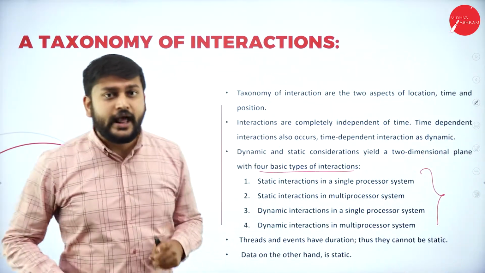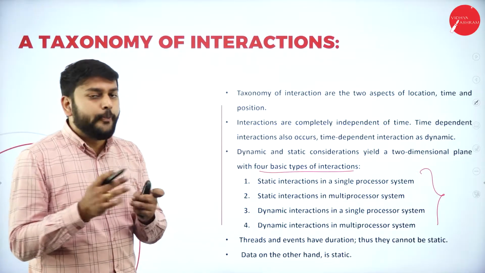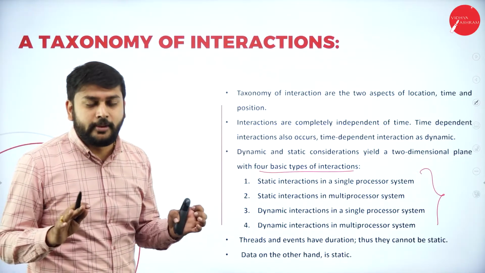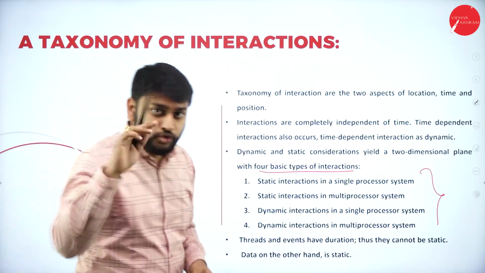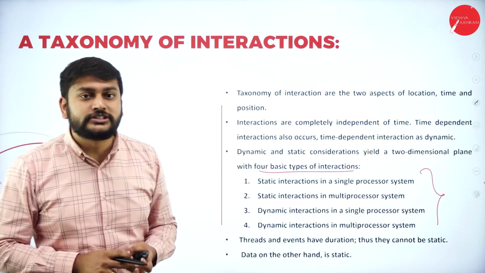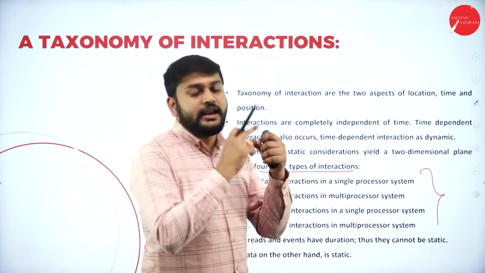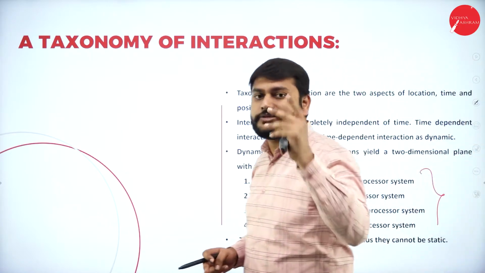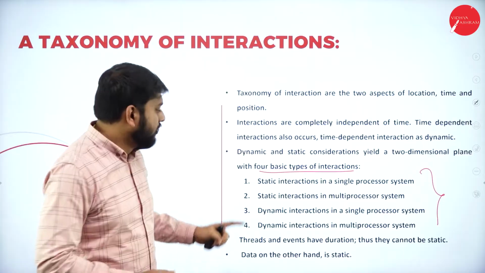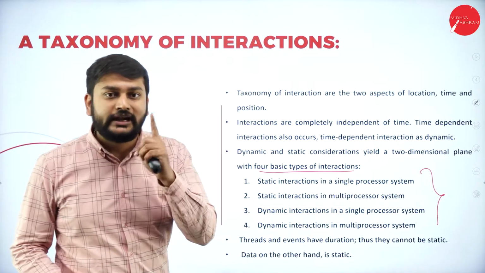The first one that I have, the 2 things you need to consider. One is static, the opposite of that is dynamic. That's what you need to remember. Along with that, you also need to remember 2 more things, that is single processor and multiprocessor. I repeat for all of you, I have static and dynamic, single processor and multiprocessor. These are the 4 concepts that you need to remember. So we have stated these as different types of interactions.